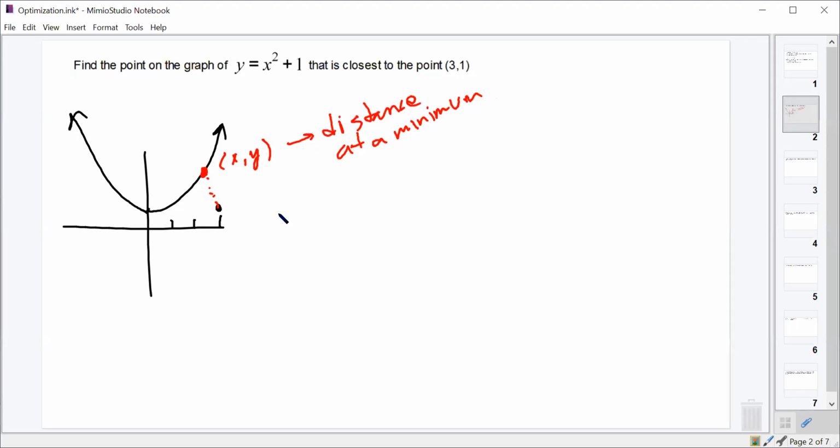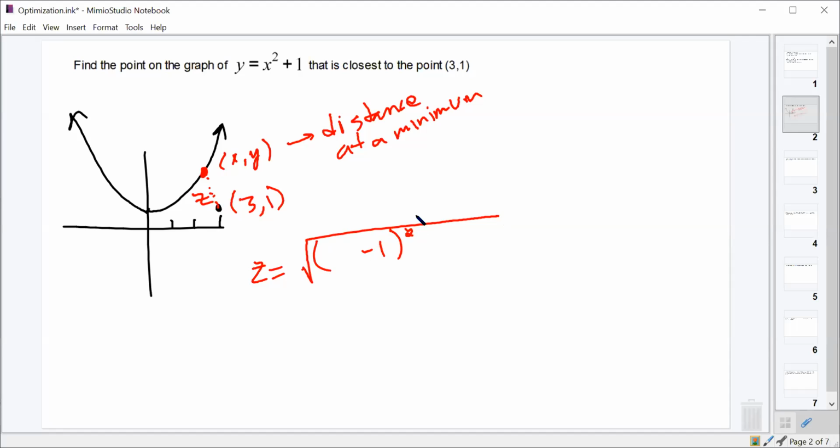Should be this, we'll call the distance z. So z should be equal to the square root of what? (y2 minus y1) squared. What's y1? That's this point, right? (3, 1). So something minus 1 squared.